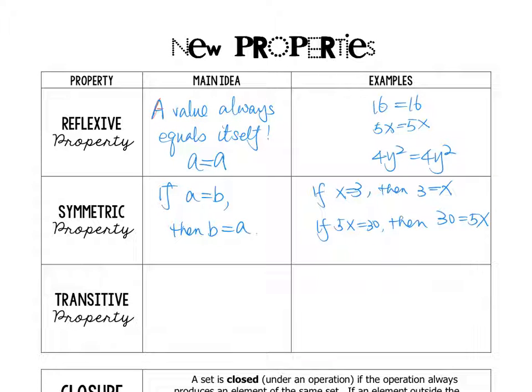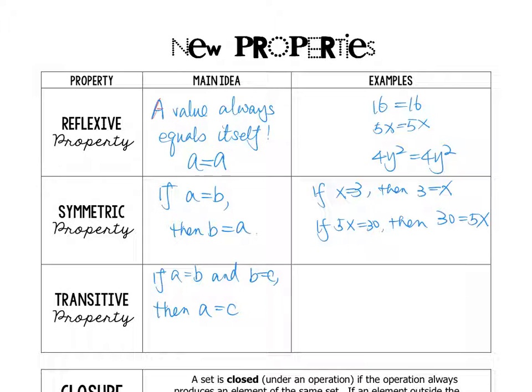Now the last property, this is an interesting one. It's called a transitive property. So what it says is that if A equals B and B equals C, then A equals C. So let's say I'm as tall as my sister, who is as tall as her classmate.